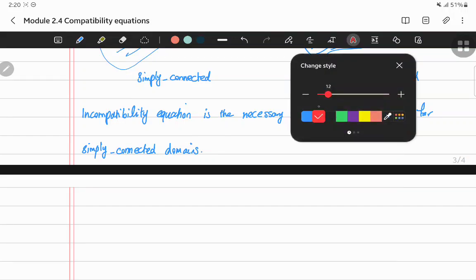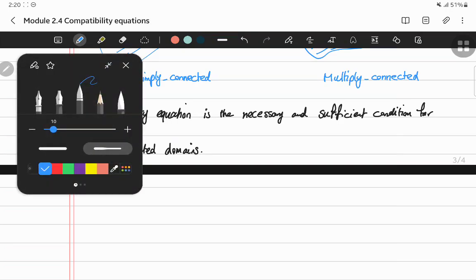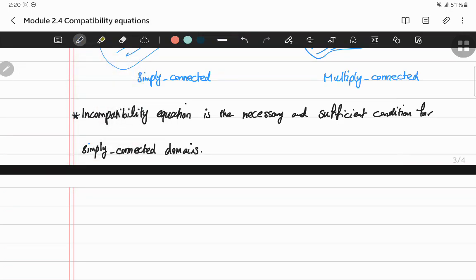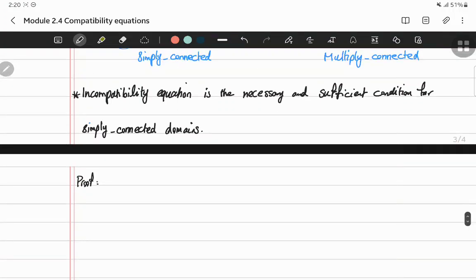Let's prove this. Okay. Or maybe I can write this with another color, because this is a statement. And maybe the proof in another color. All right.